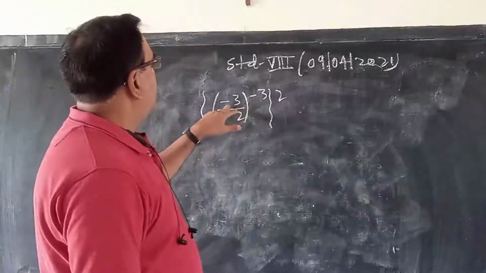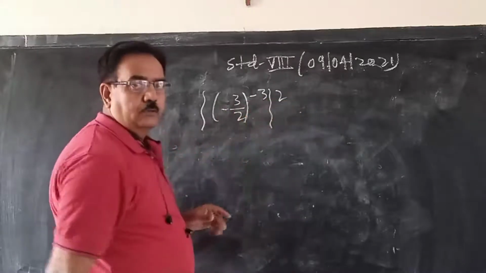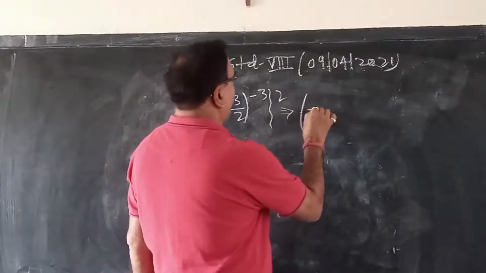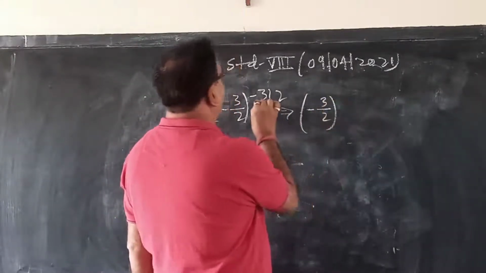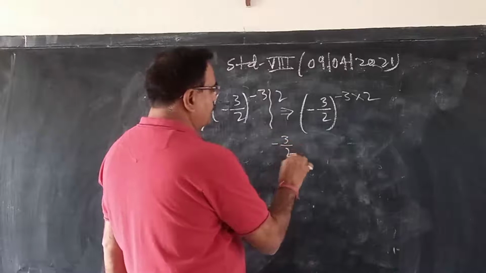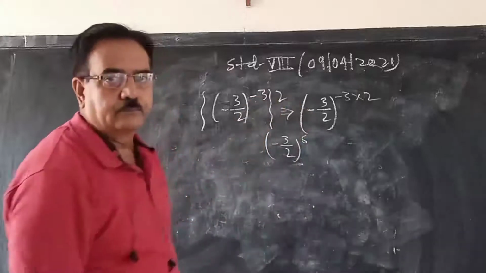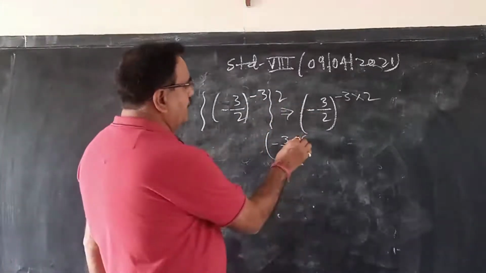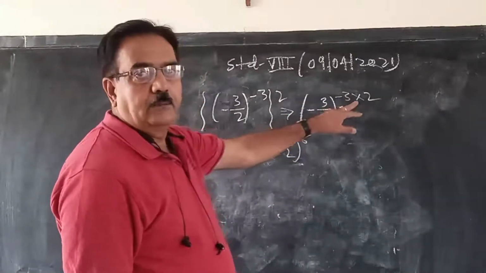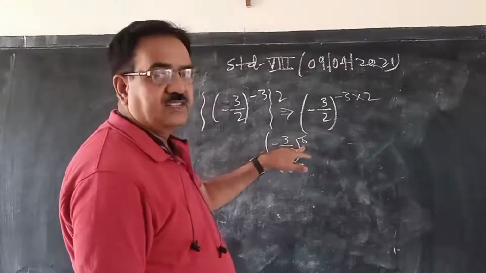Here also, the power is -3 and the outer power is 2, so these two powers will multiply: -3 into 2 means -6. So after multiplying the powers by using the third law of exponents, we have (-3/2) to the power -6.